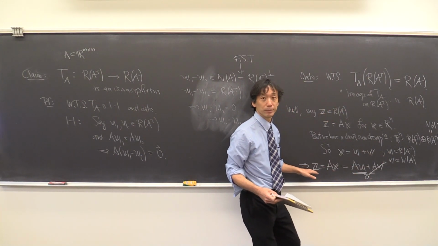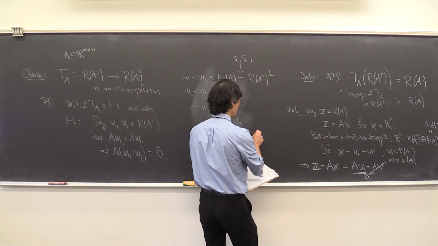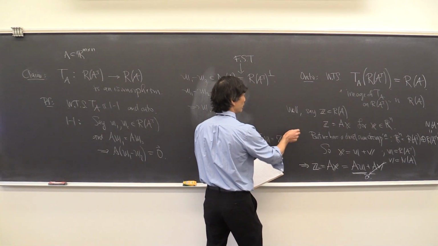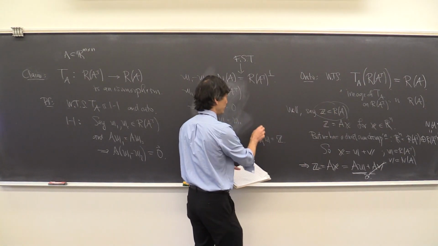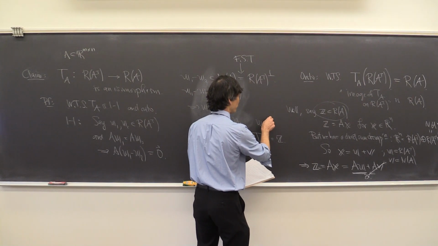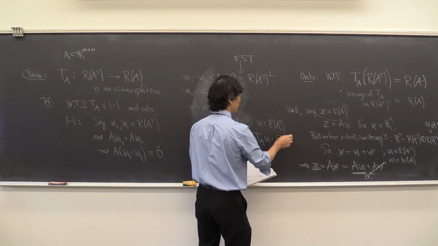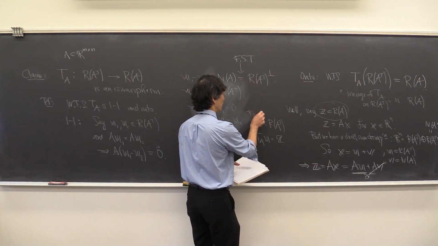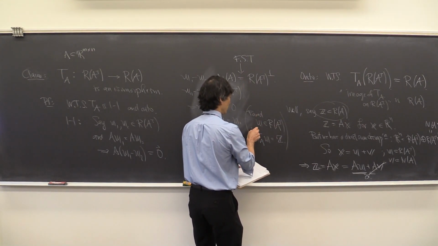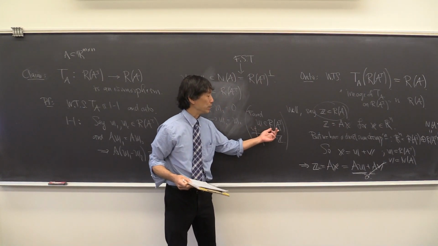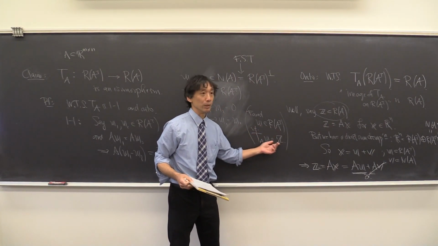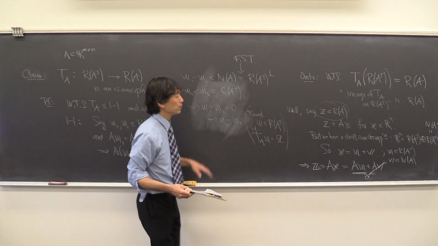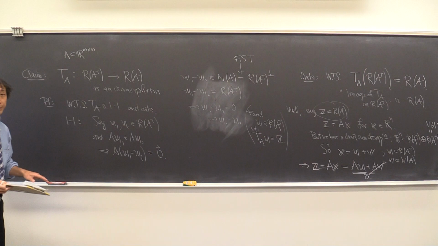So it's onto. What we get is that T_A of U is Z. We found a U in the range of A transpose such that T_A of U was Z, and that means that we're onto. So that's the isomorphism.